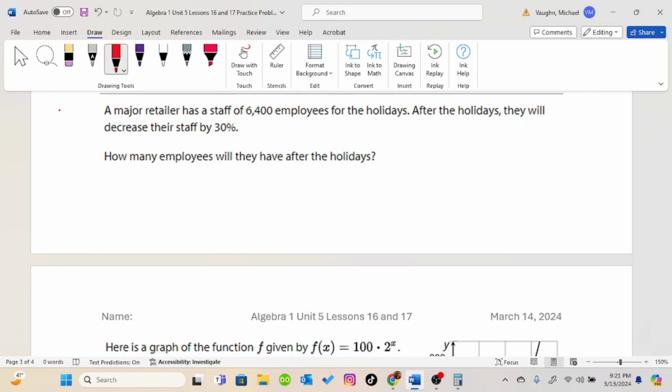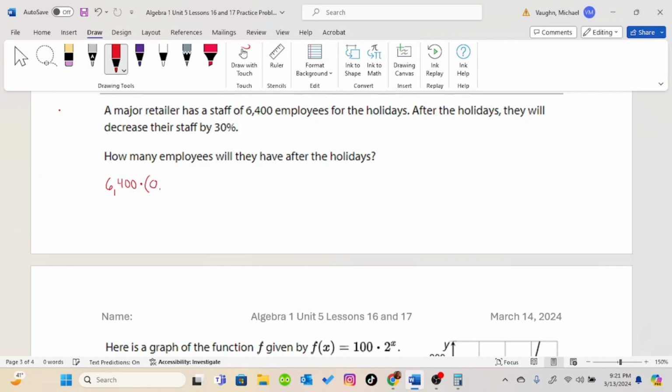Since this is an exponential function, we're going to write it the same way we have been. We have our starting amount, 6,400. We're going to multiply that by our growth factor. If they decrease by 30%, then they maintain 70%.